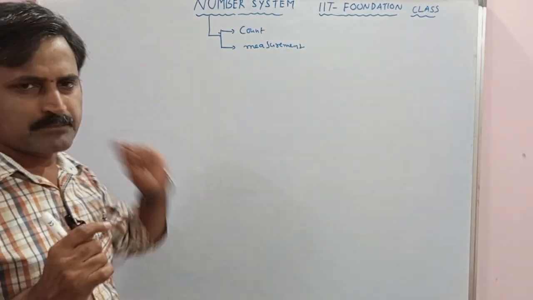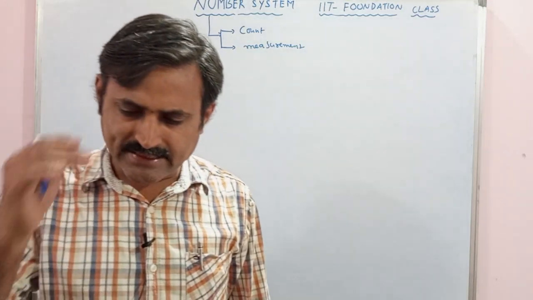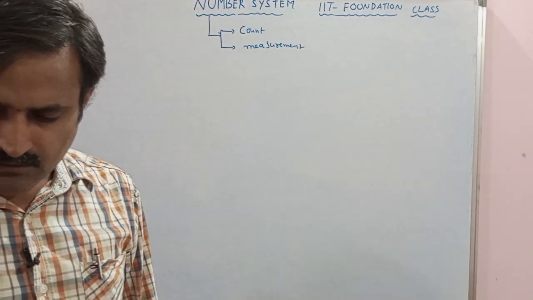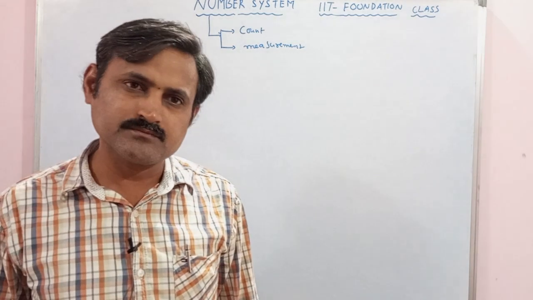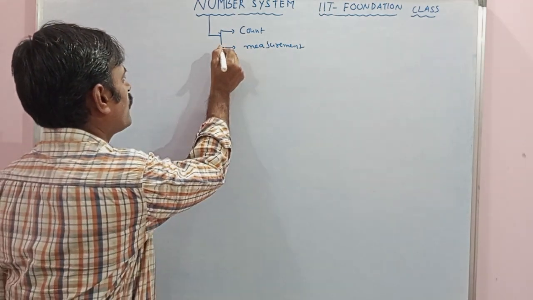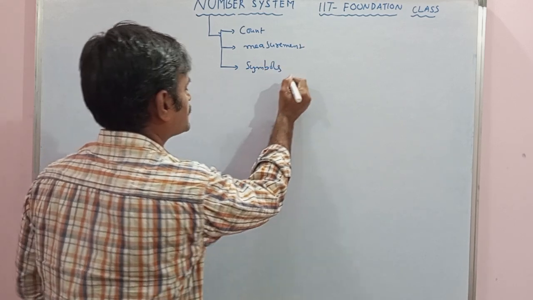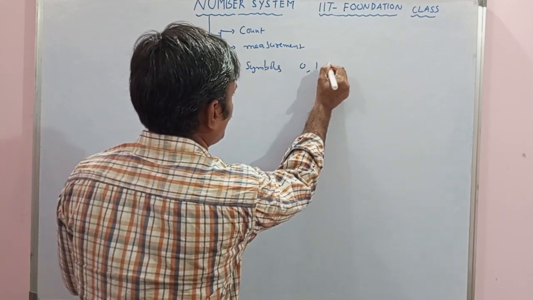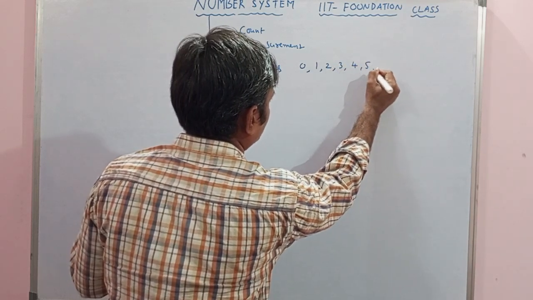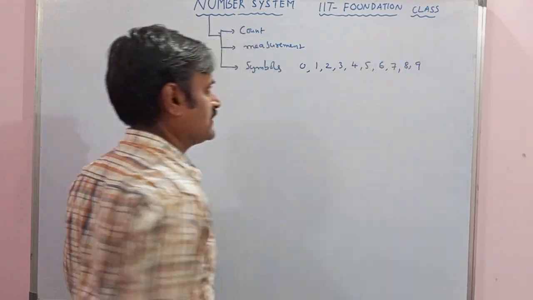In this number system topic, any number you take can be written with the help of the 10 symbols we have. What are those 10 symbols? 0, 1, 2, 3, 4, 5, 6, 7, 8, 9.